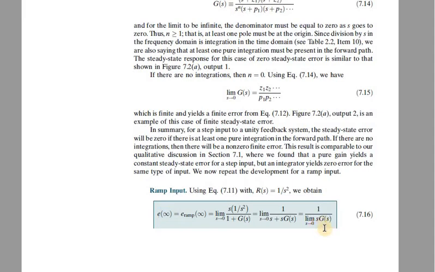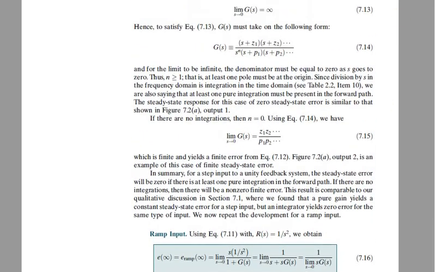If g of s has no integral, then this error is 0. If g of s has some integral, then we have a finite error. So 7.14 is when we have a ramp input. There's a difference between the ramp input and the unit step.